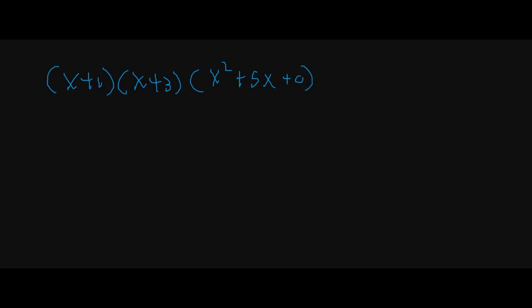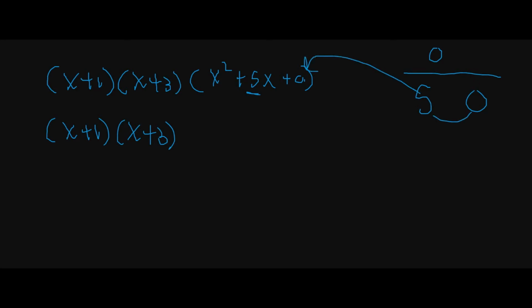So if you really think about it, because we should get x plus 1, x minus 3, and we should get 2 factors, right? Well, what two numbers multiply to give you 0, but add to give you 5? Well, the only way to make that work is when you think about the middle term. That has to be 5 and 0, right? 5 times 0 is 0, and 5 plus 0 is 5.